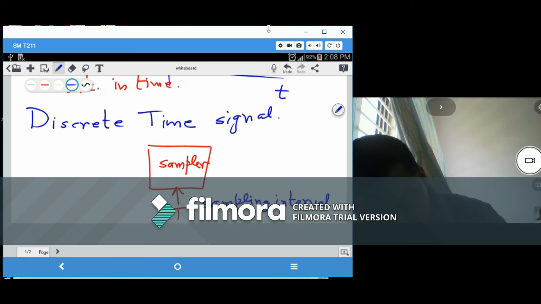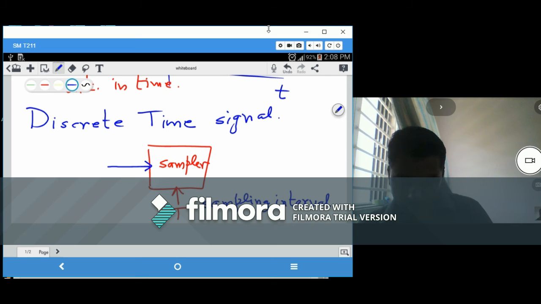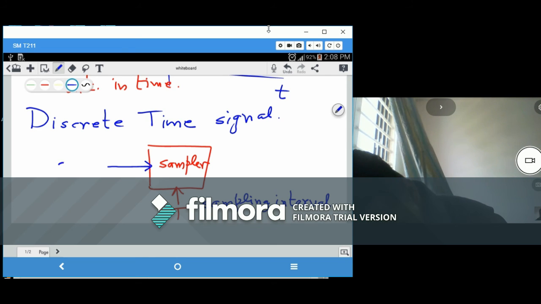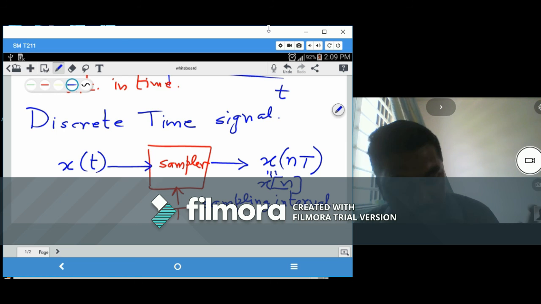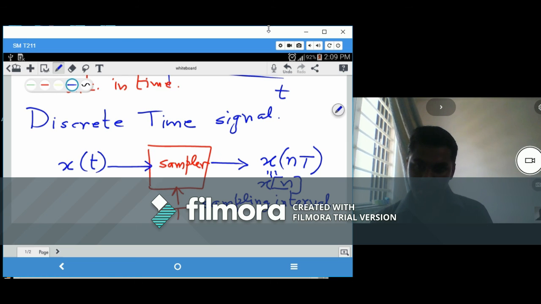The input to this is our continuous time signal x of t, and the output is x of nT, where T is the sampling interval, or sometimes this is equivalently represented as just x of n within square brackets.